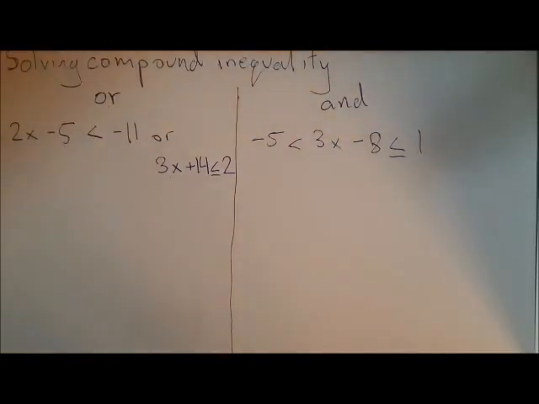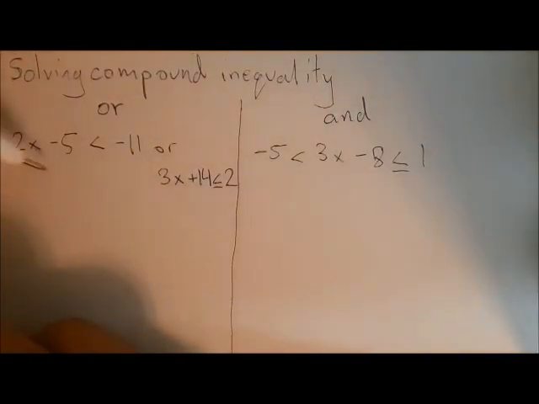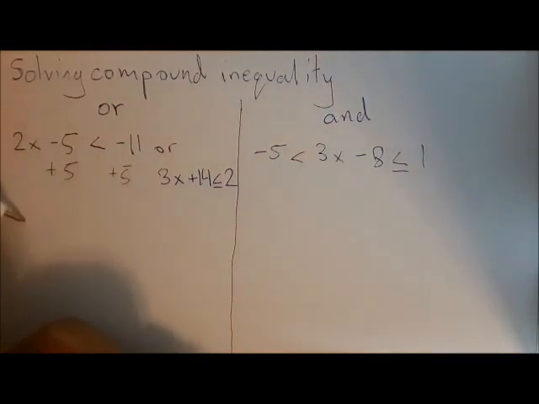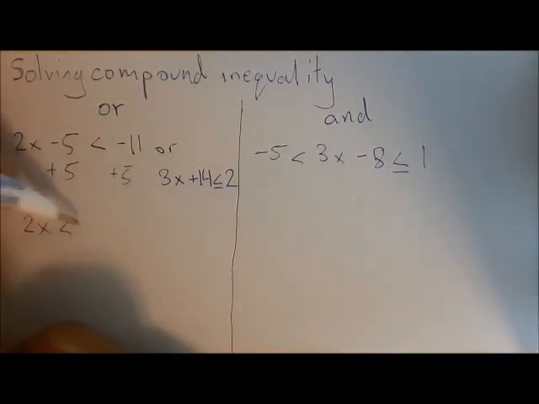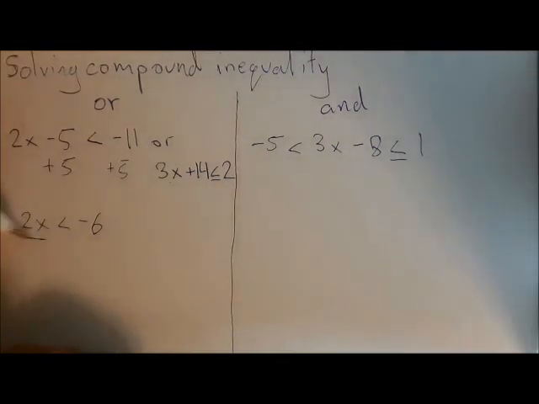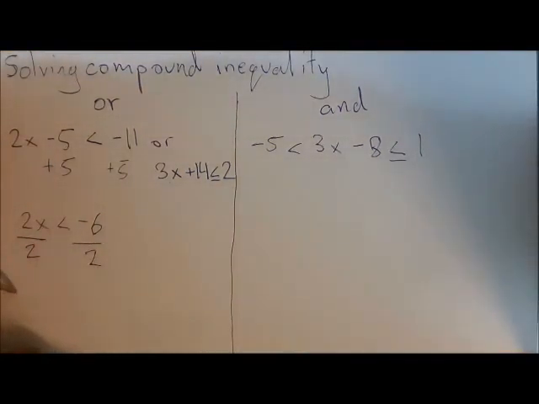First we want to eliminate 5, so we would plus 5, plus 5. Here would be 2x, and then we would divide by 2, we would get x is greater than -3.